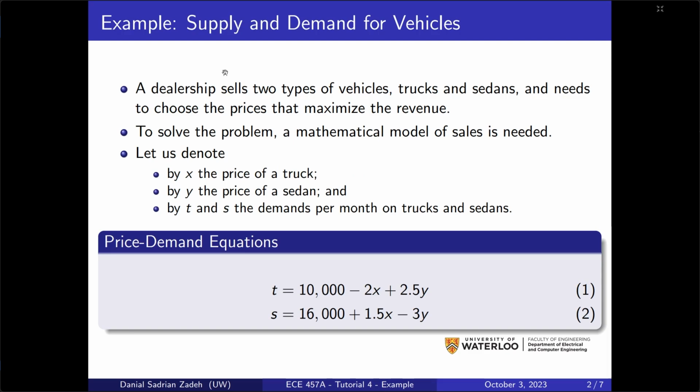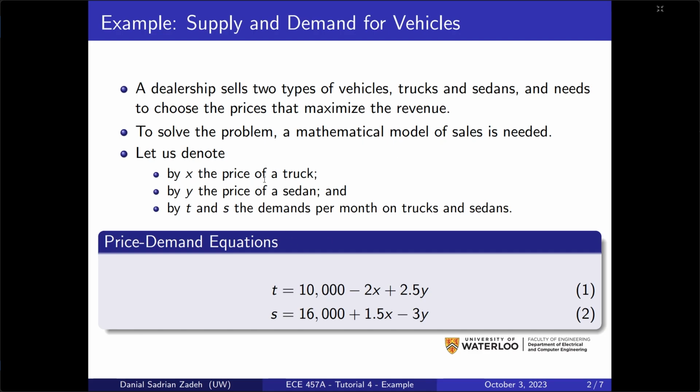So the example is a supply and demand for vehicles. A dealership sells two types of vehicles, trucks and sedans, and needs to choose the prices that maximize their revenue. So in order to solve this problem, we need a mathematical model of the sales.